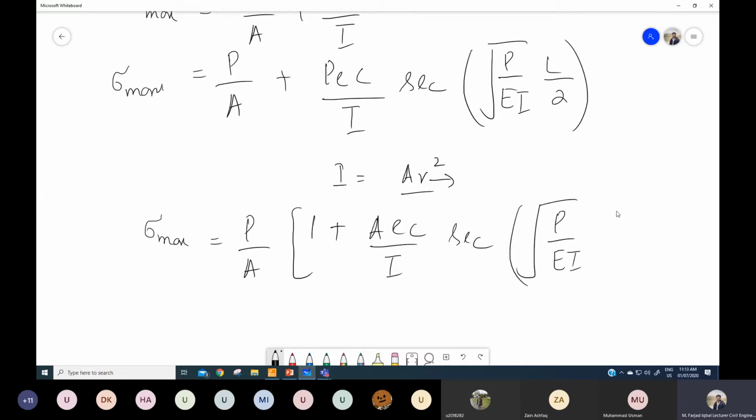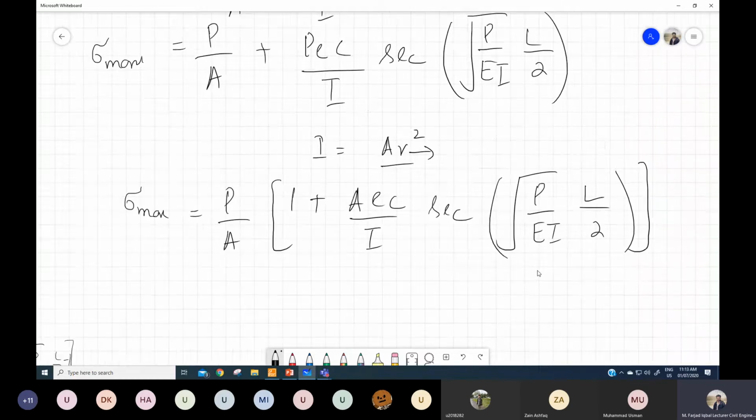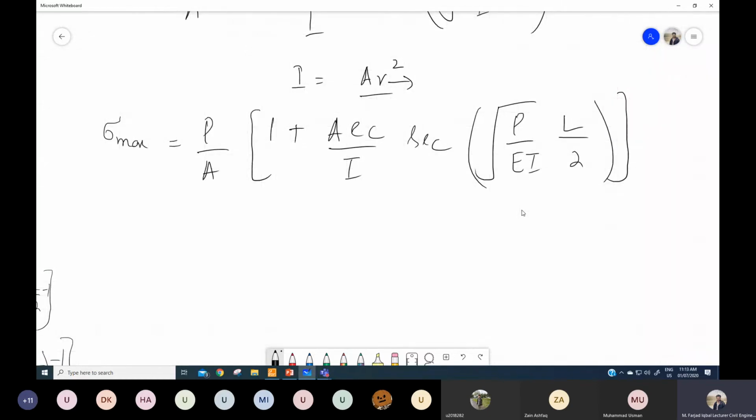Class, try to understand what I am doing in each step, and if you have questions, just ask me. Don't get confused later on. So I have taken this P over A as common, and now I will substitute this value of I, that is A R square, into this equation, and I will get P over A 1 plus.